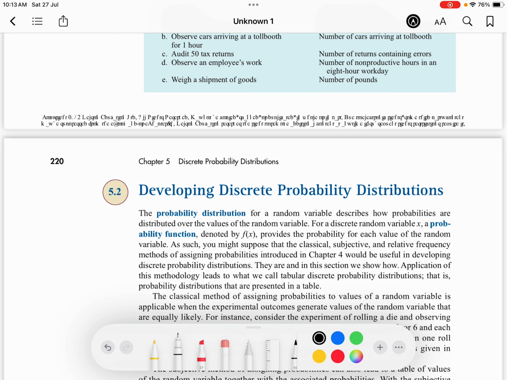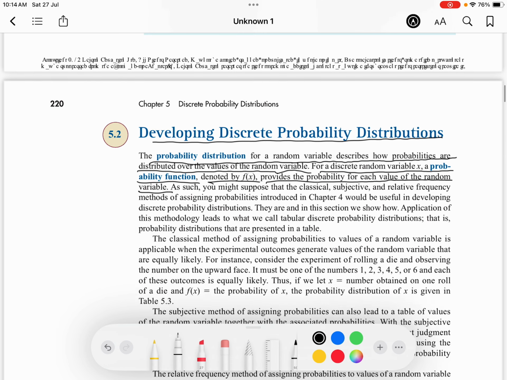Number 2, developing discrete probability distributions. The probability distribution for a random variable describes how probabilities are distributed over the values of the random variable. For a discrete random variable x, a probability function denoted by f of x provides the probability for each value of the random variable.